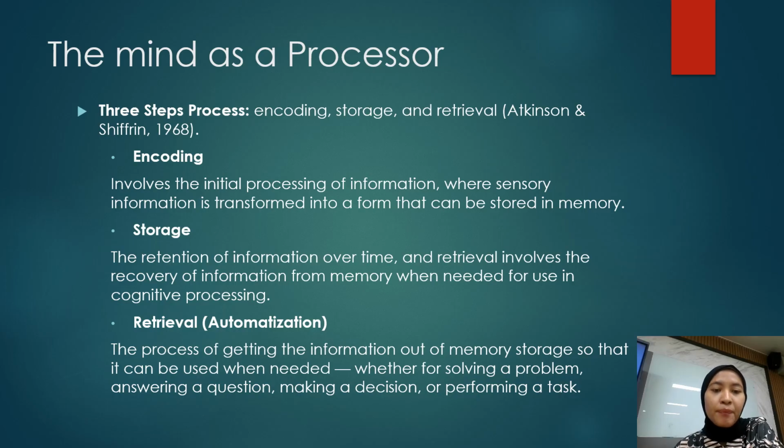In this step, it is the process of getting the information out of memory storage so that it can be used when we need the information. For example, when we solve a problem in a task, or when we want to answer a question, make a decision, or perform a task, that will involve retrieving the necessary information from our brain. All right.